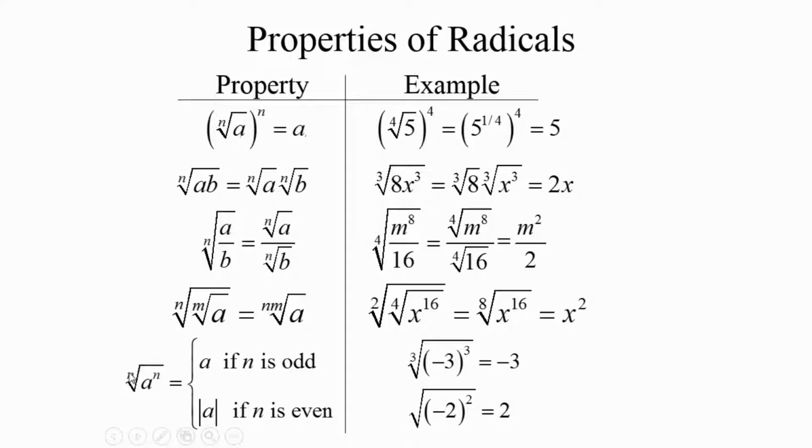If the index is an odd number, the answer is whatever a is. So the third root of minus 3 to the third, you see that? So n in this case is 3, right? A is minus 3. But since n is odd number 3, then the answer is equal to a, whatever the a is, positive or negative. In this case, it would be negative 3.